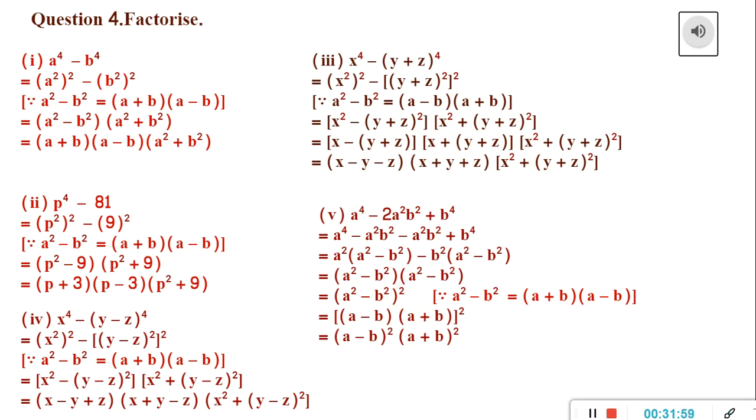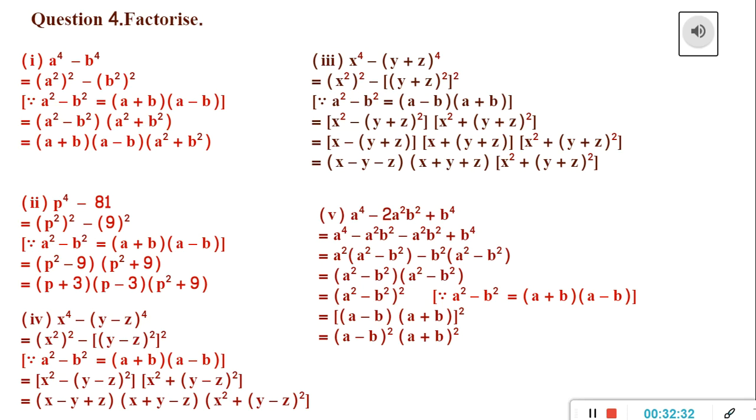Now x square minus (y plus z) whole square, that means a square minus b square is here, right? So again write a minus b into a plus b, that is (x minus y plus z)(x plus y plus z). Then second term same itself, x square plus (y plus z) whole square. Now here minus sign will change, we are multiplying minus with the plus sign, so it will change as x minus y minus z, and second term is x plus y plus z, and third one should be same, no change. Clear?